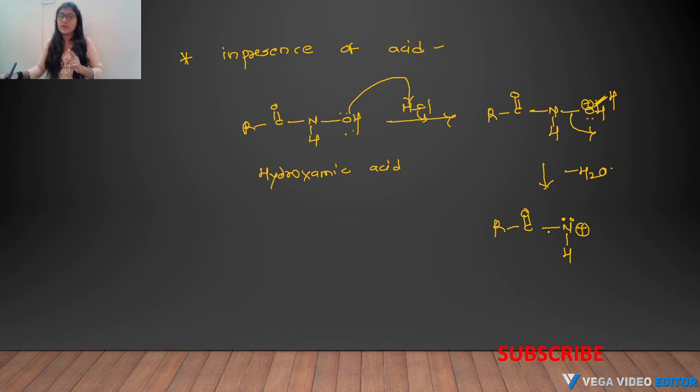Because here nitrogen forms two bonds, therefore charge on nitrogen is positive. If nitrogen forms 4 bonds, then charge on nitrogen is positive in the other case as negative. If nitrogen forms 2 bonds, then charge on nitrogen is positive. If nitrogen forms 3 bonds, then there is no charge.